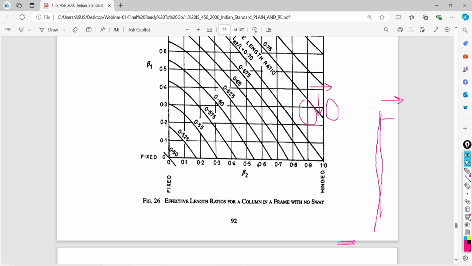What is the problem when we choose the non-sway frame? Actually, the type of the frame is going to decide the start and end limit of your effective length factor. Okay, very important, try to understand.